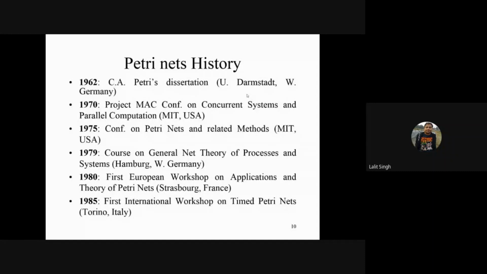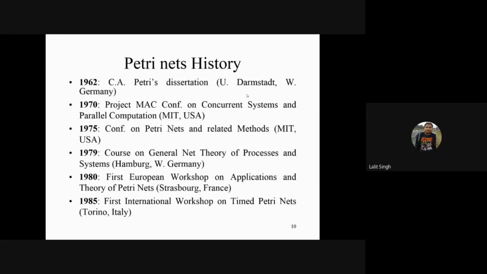Then it started gaining popularity in the industries, where industries started hiring experts and giving training. Looking at the industrial demand, Germany started a course on general net theory of processes and systems in 1979.